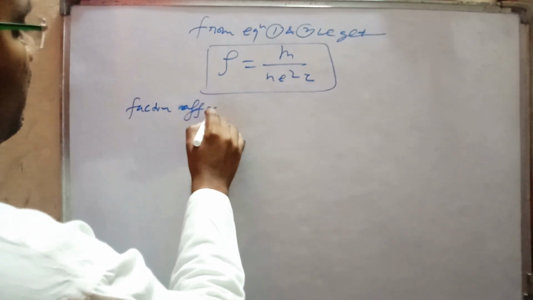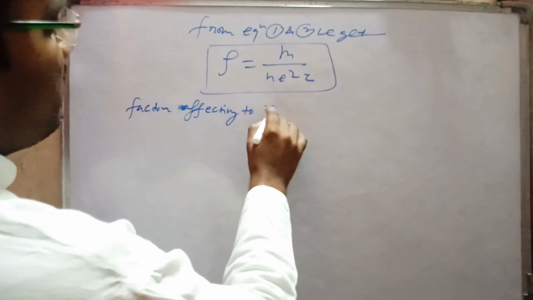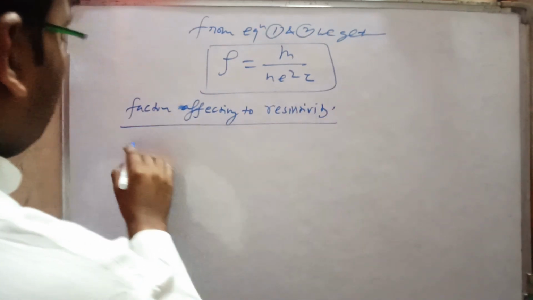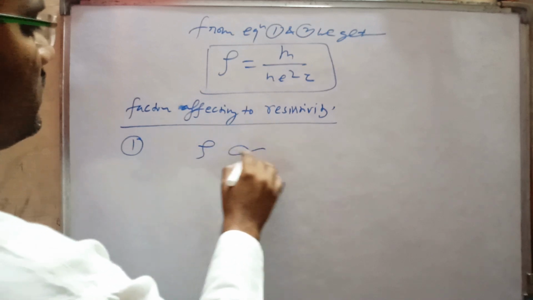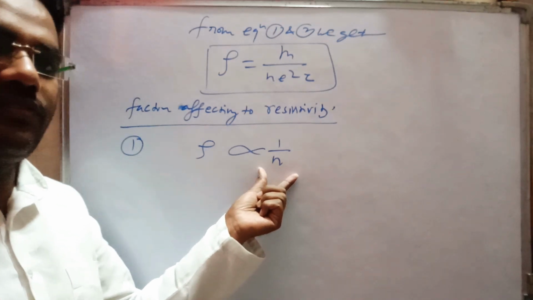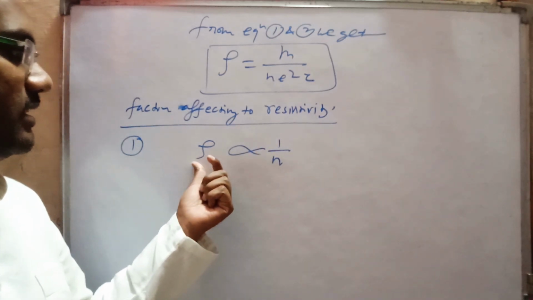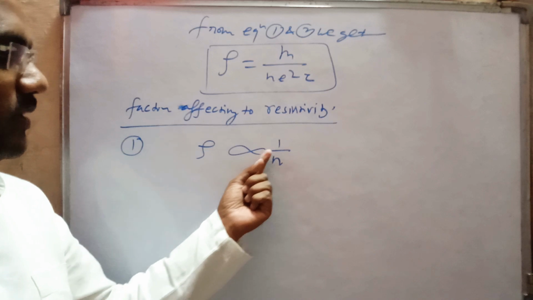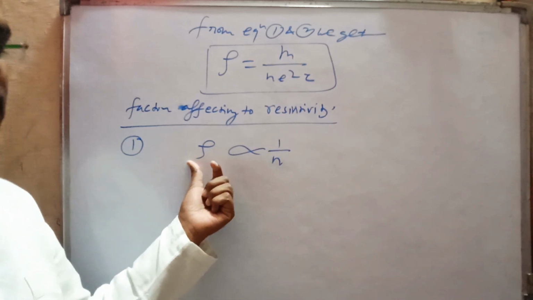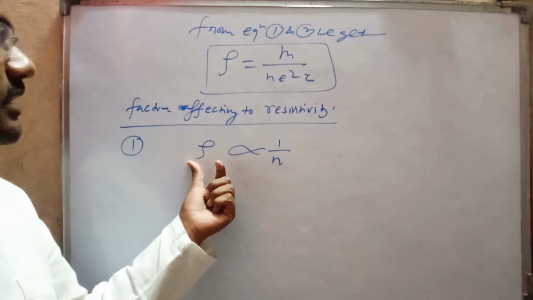Factors affecting the resistivity. Your first one is the resistivity is inversely proportional to number density of free electron. If number density of free electron increases, then resistivity decreases. If number density of free electron decreases, then resistivity increases.